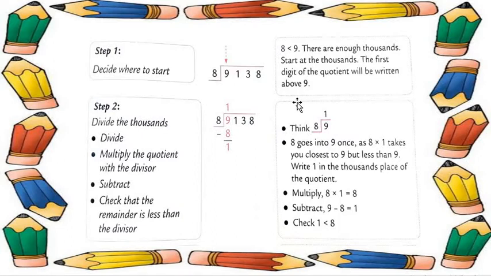But in division there are no similar points. In addition or multiplication, where do we start? We start from the ones, then after that the tens, following the place value chart: ones, tens, then hundreds, thousands, ten thousands or lakh.